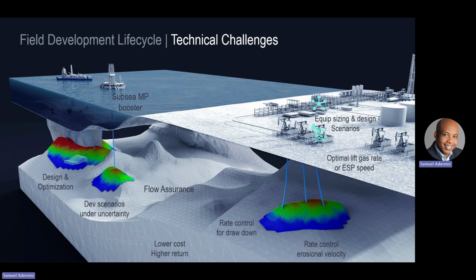So what Intercept enables us to do is to move from local optimization to system level optimization. So we're able to couple the multiple reservoirs together with the wells, with the network, so that decisions are made holistically.